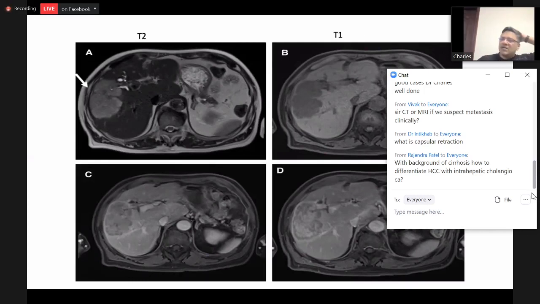And solitary lesions, you probably go ahead and resect them depending on the site of the lesion. Easily resectable peripheral lesions, then you go ahead. I think the imaging is enough.